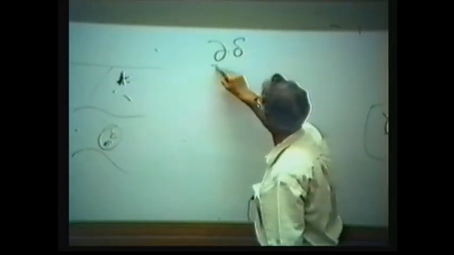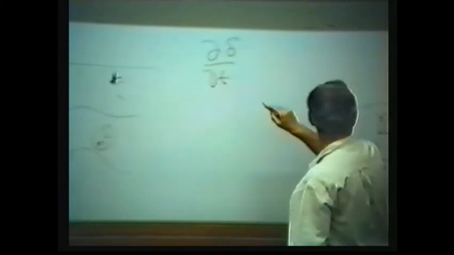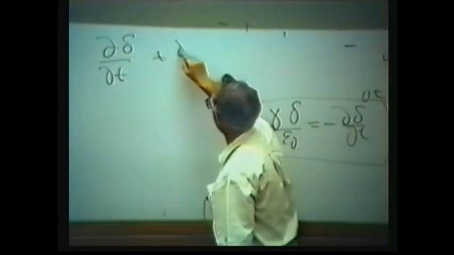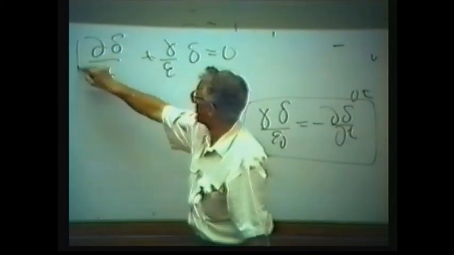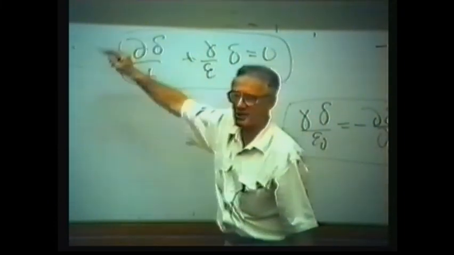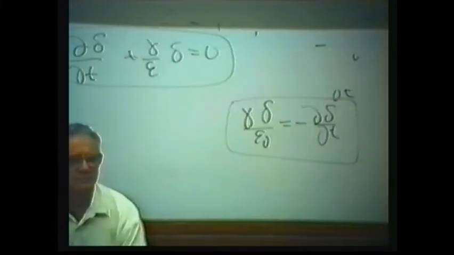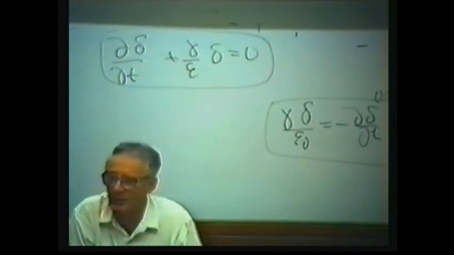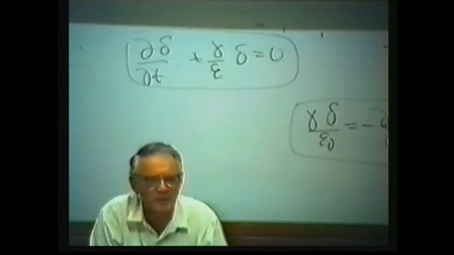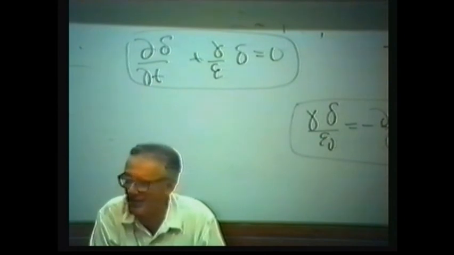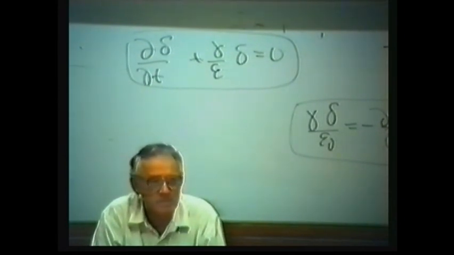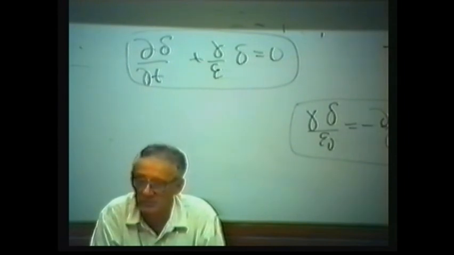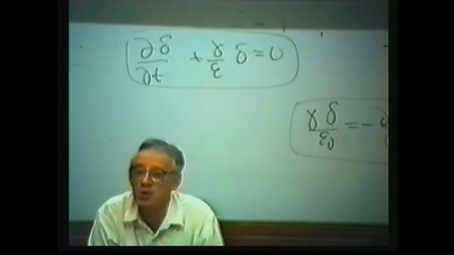The derivative of density with respect to time plus gamma over epsilon times delta equals 0. Do we know this equation? What is it from a mathematical point of view? It's hard to imagine simply. That's the reason why I brought your attention. What is it? A differential equation of which order?